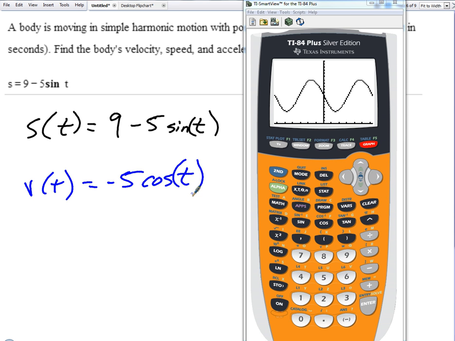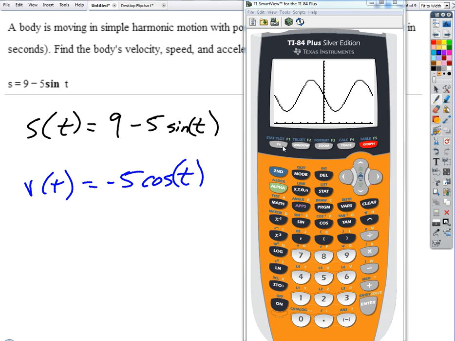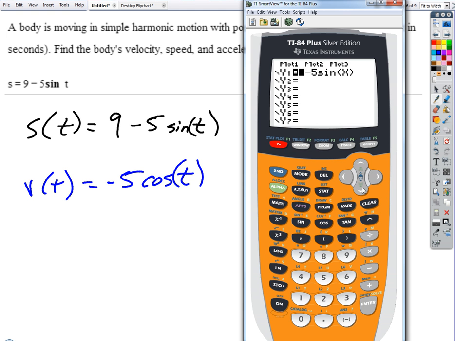This is going back to one of the standard forms, one of the tricks that we talked about the other day, which you may have forgotten. Okay, so let's graph that. If I go down to y2, negative 5 cosine x.